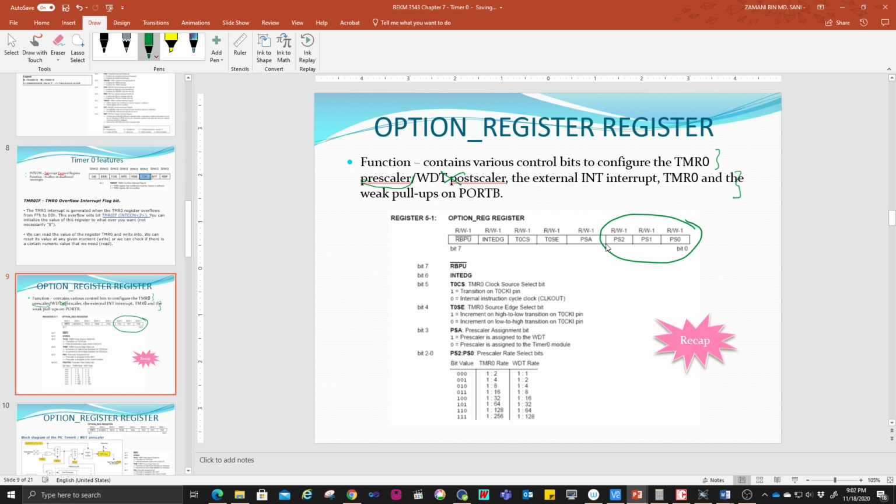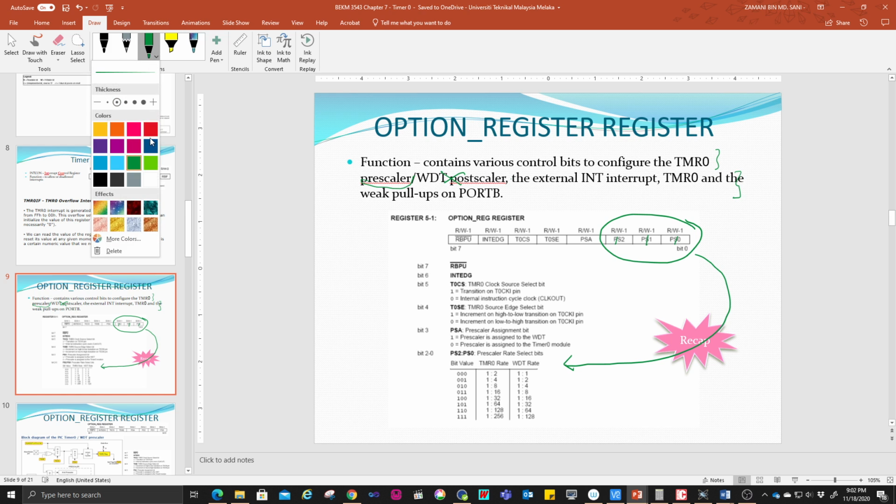Okay, when this bit is set, then you should know what prescaler is being used. For example, if you are having this value as 1, 1, 1, you have to look at the definitions of bits 2 to 0, the prescaler rate select bits.